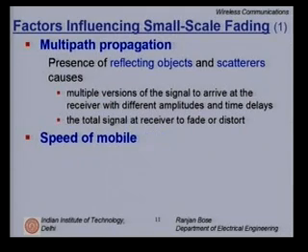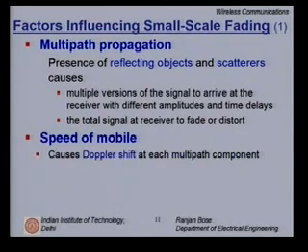The other important factor which influences small scale fading is the speed of the mobile. Please remember, the speed of the mobile will result in a temporal nature of fading. If you move faster, your fading curve will be different than if you move slower. The speed of the mobile also causes Doppler shift at each multipath component.